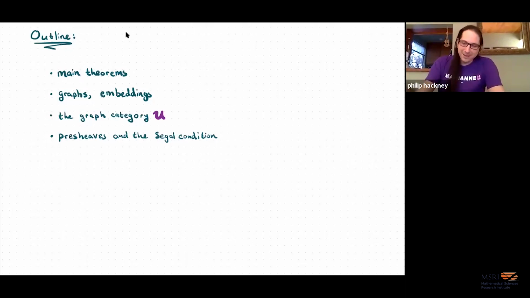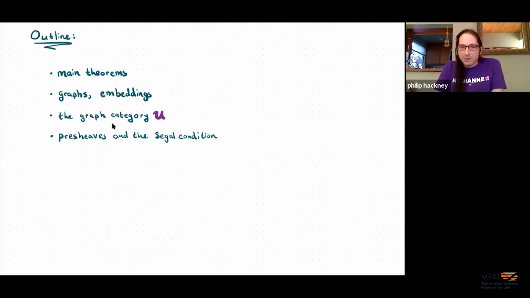So here's a brief outline of what I'd like to talk about today. We're going to be talking a bit about modular operads, and I'll give an introduction to what I mean by that. We'll say what we mean by graphs, and maybe talk about embeddings of graphs.